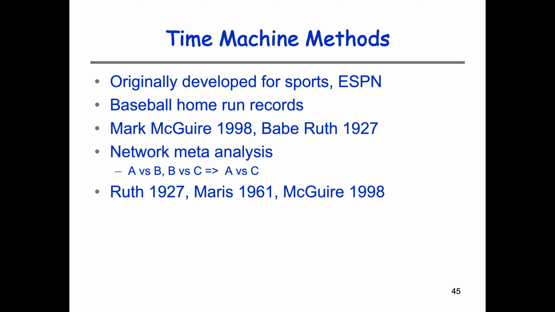Well, if you consider network meta-analysis, not network meta-analysis of sports, but of clinical trials, if 5 years ago there was a treatment A versus treatment B, and 3 years ago there was a trial, treatment B versus treatment C, we can do a meta-analysis network combining those and come up with an A versus C. Well, as an analogy, if we considered Babe Ruth in 1927, the linking person would be Roger Maris in 1961, that is the B above, and then Mark McGwire in 1998 is C, then that's what they did.